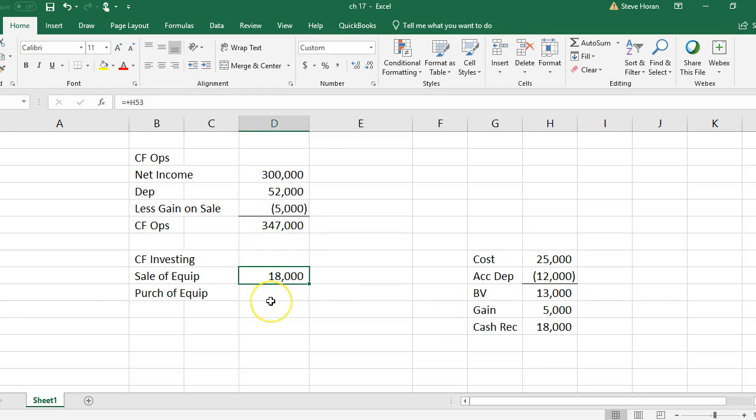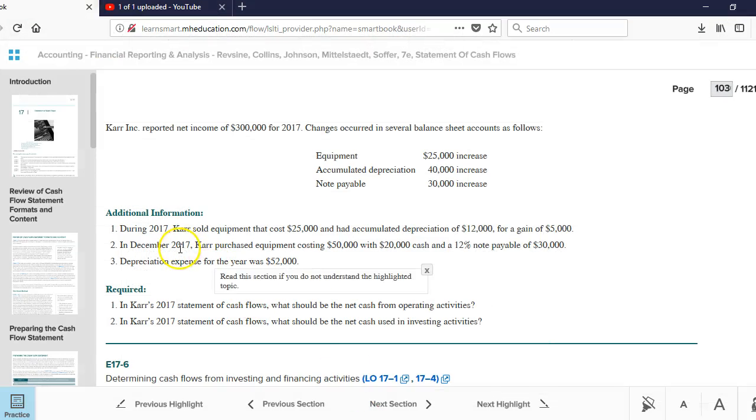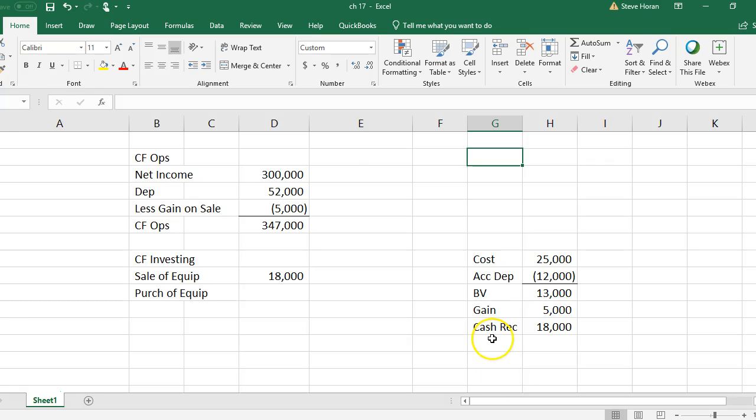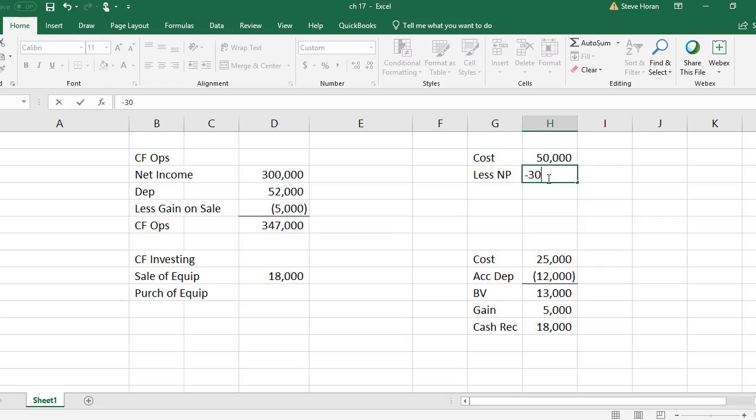Then we do the purchase of equipment, and again, let's do another schedule. We'll do it more to the top here. What they told us was we bought equipment that cost 50, paid cash of 20, and incurred a note of 30. So we have to think about this being the cash flow statement. So the cost was 50. This is the purchase. Less the note payable, NP for note payable, and that was 30,000.